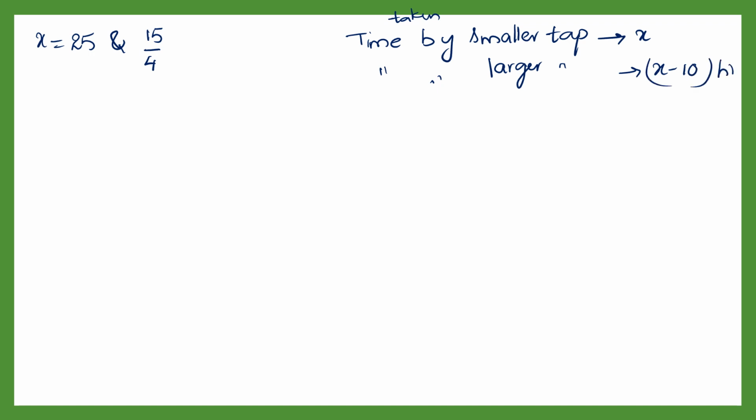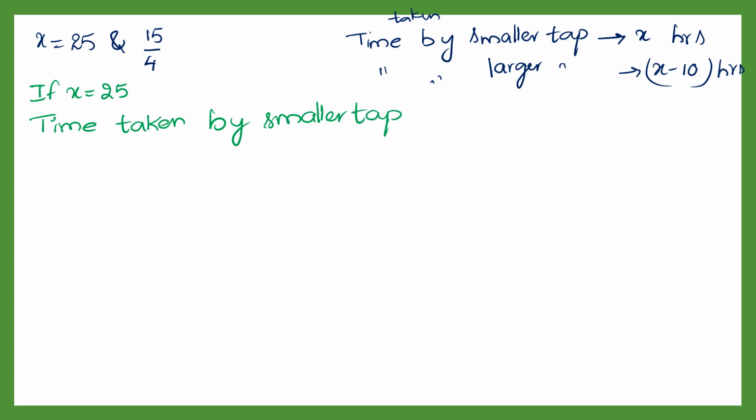One is x hours, another is x minus 10 hours. Now if x is equal to 25, that means time taken by the smaller tap to fill the complete tank, this is x, that means you get 25 hours.